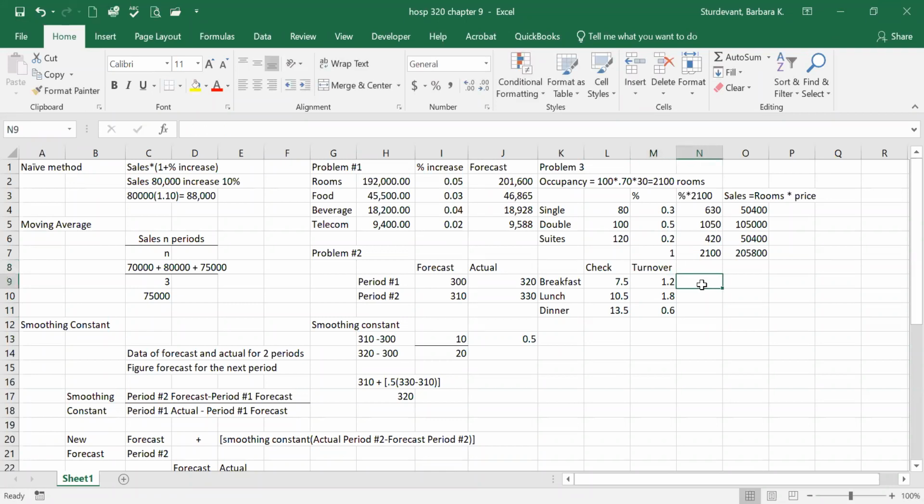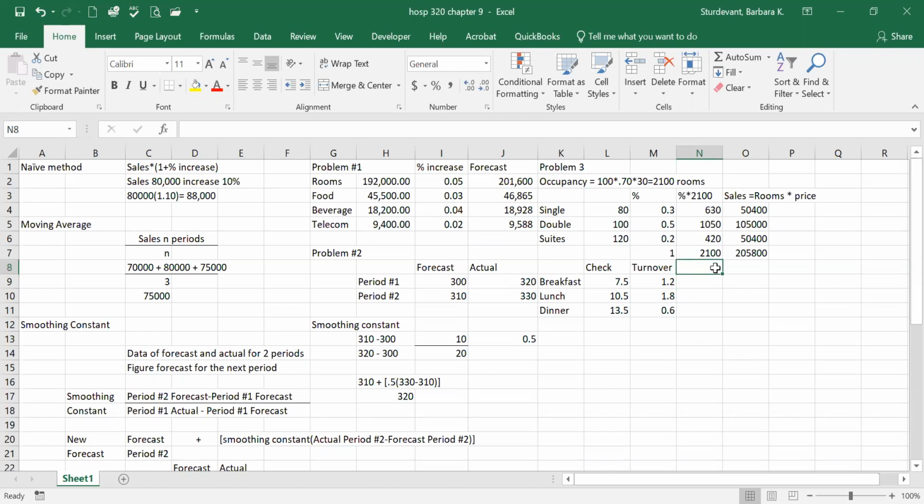Okay, so the first thing we need to do is figure out the number of seats for each meal. I'm going to break it down in steps. So let's figure out the number of meals that we would serve based on the turnover.